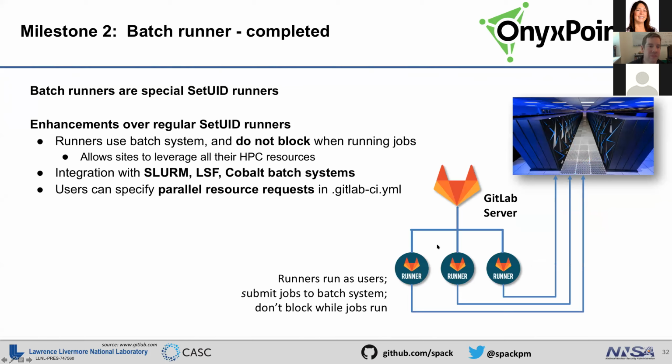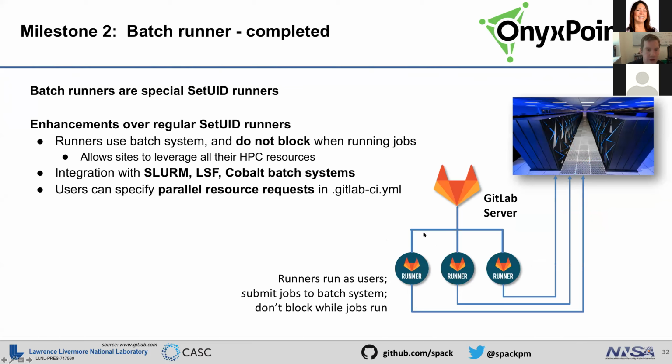And so these are pretty much like setuid runners, except instead of running the job on the login node, making the user submit the job and wait for it, these runners just submit the job to the batch system. And then GitLab sits there and waits, and the job starts running when the job in the batch system starts running, and it stops when it's done. And the cool thing about these is that you could have many jobs active at once in one of these runners at the same time.